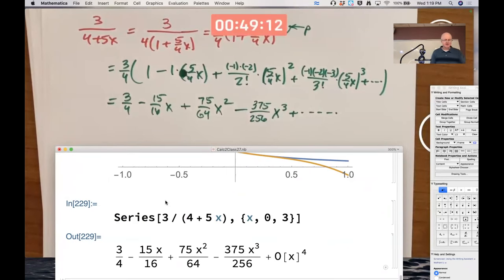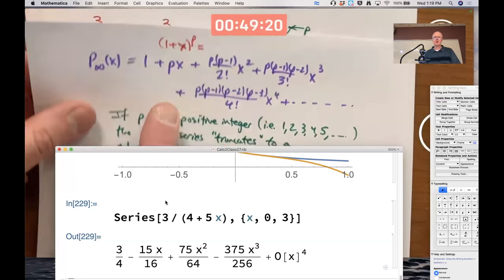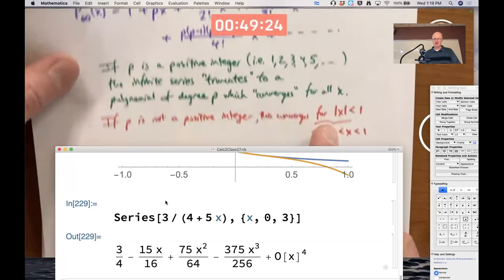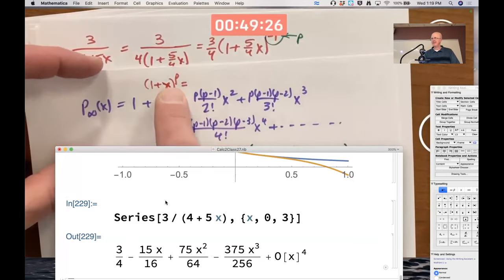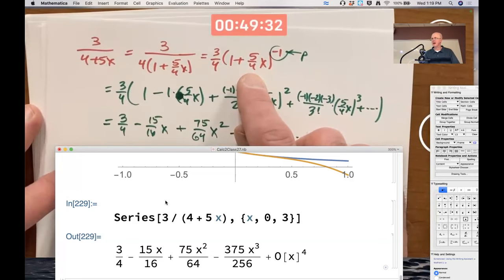What values of x does it converge for? This converges when p is not a positive integer, when the absolute value of x is less than 1, where x is the thing in 1 plus x. Again, it's the 5/4 x that's playing the role of x, representing an arbitrary number between -1 and 1.